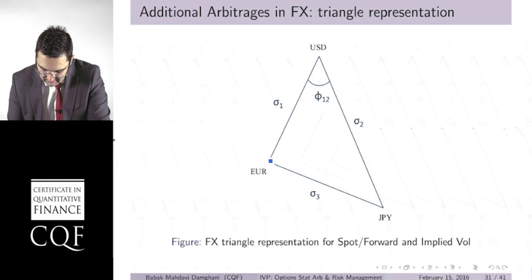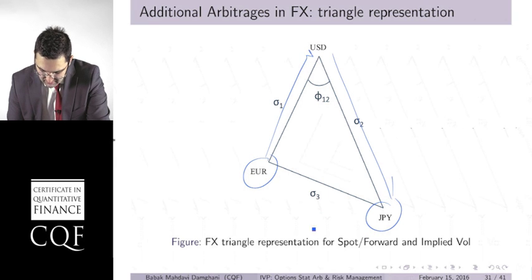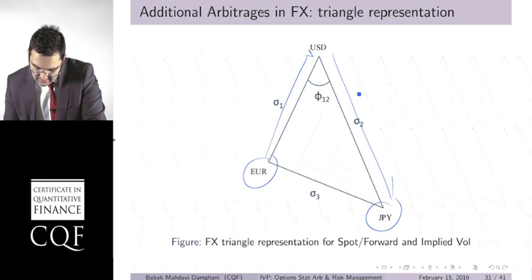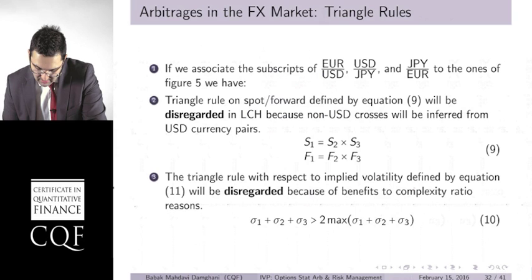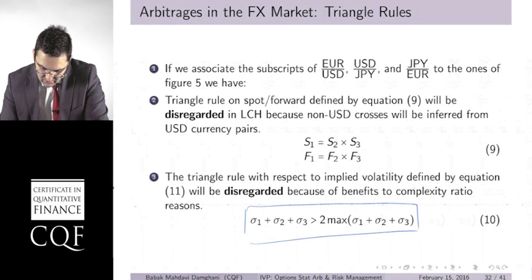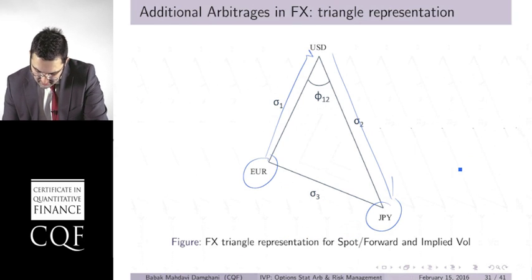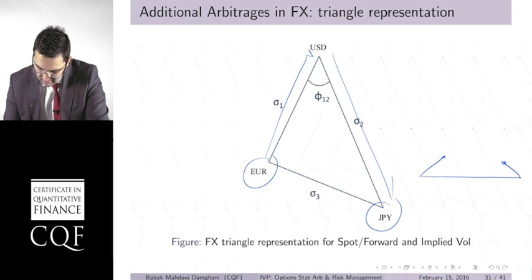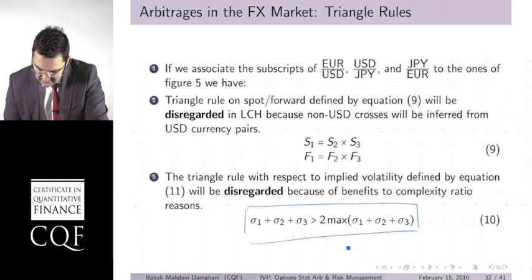If the exchange rate between these two things weren't the same as the exchange rate of this with this, then people would buy that and sell these two things. But this is done on the spot. Another way to see this is that if you have your triangle and one side is significantly bigger than the other two sides, then you can make an arbitrage, and that's what that specific line means.